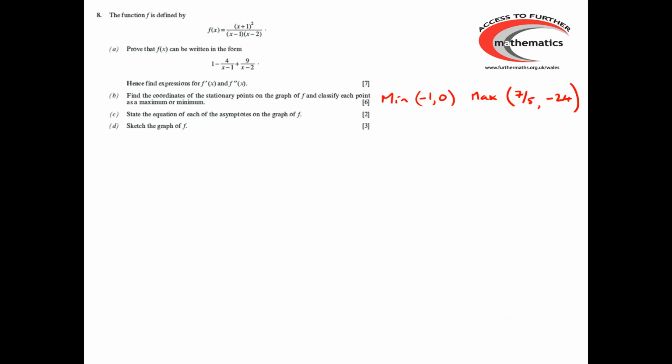Now we need to find the equation of each of the asymptotes on the graph. Well, first of all, we've got asymptotes wherever the denominator is equal to 0. So we are going to have vertical asymptotes at x equals 1 and x equals 2.